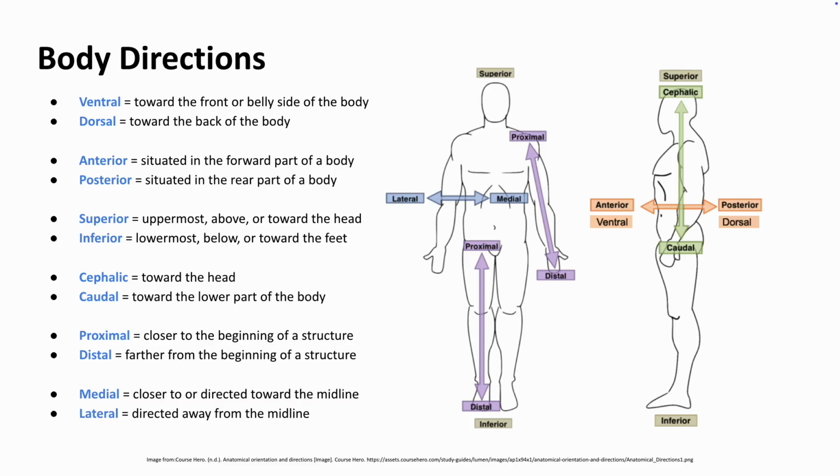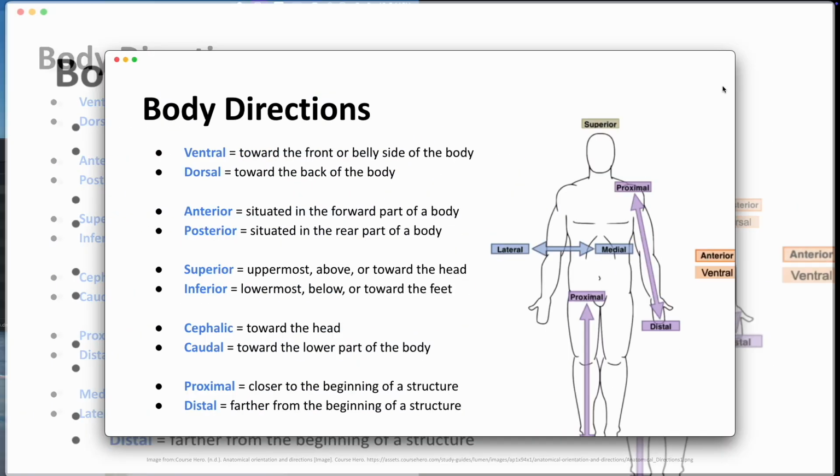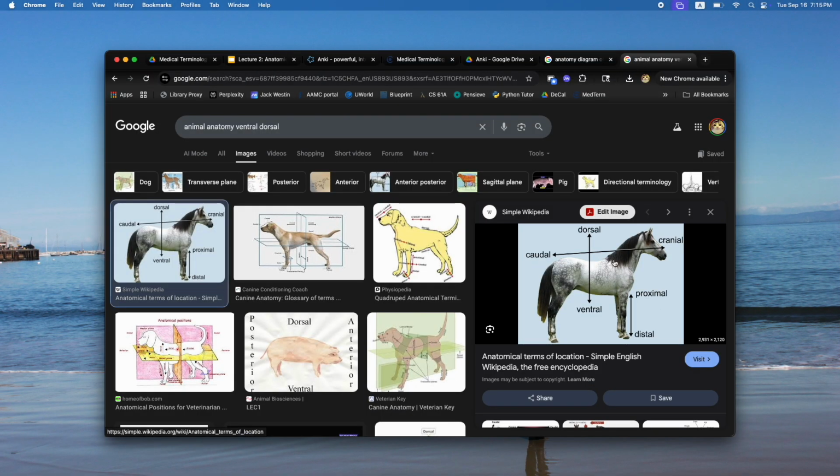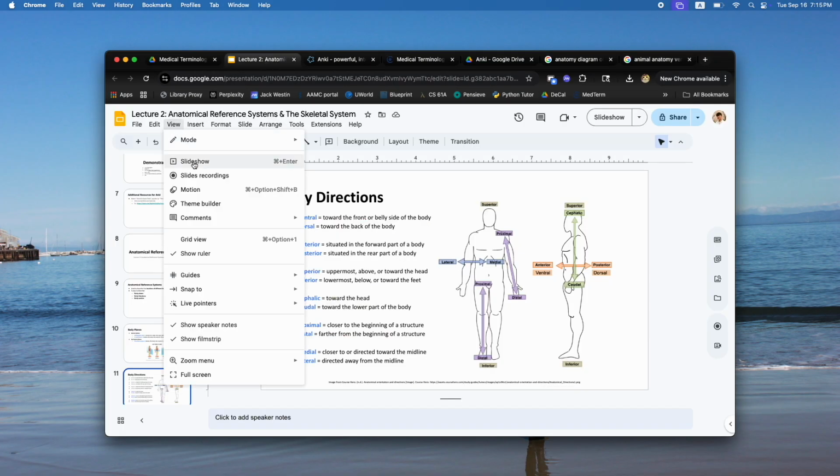Cephalic means toward the head. This is also in reference to animals. Animals have the head that's not on the side of the belly. So cephalic is toward the head.